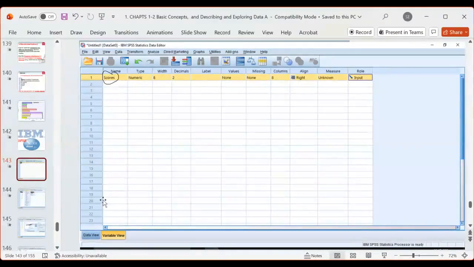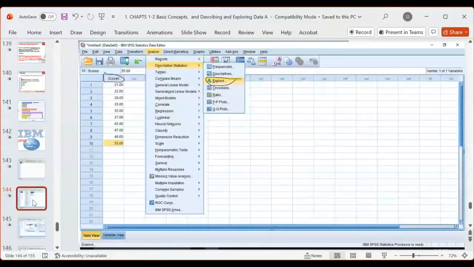Then you click on data view. Once you click on data view, you put in a bunch of numbers like these numbers that you see. It's always the same, by the way. You name your variables, and then you go to data and type in, right there under score, scores, or X, the numbers in that column.